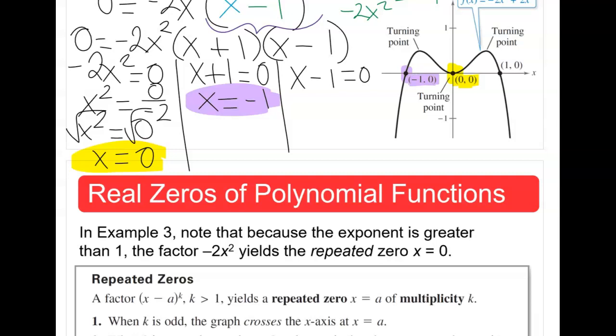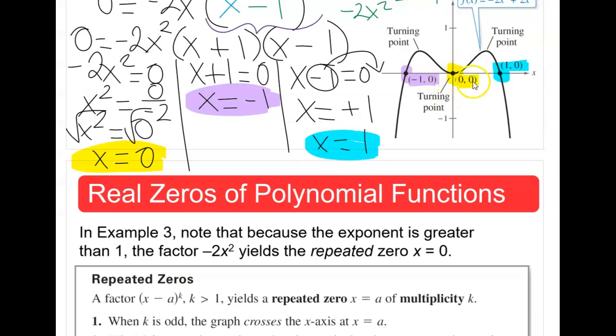And then the last one we have here will be x is equal to, we take this negative 1 across, inverse operation is addition, so it turns into a positive 1 or just a 1. We don't need the positive. So right there, our third solution is giving us our third x-intercept, which will be right there at 1, comma 0. The 0, 0 happens to be also a y-intercept because it's at the origin, so that is serving both purposes.